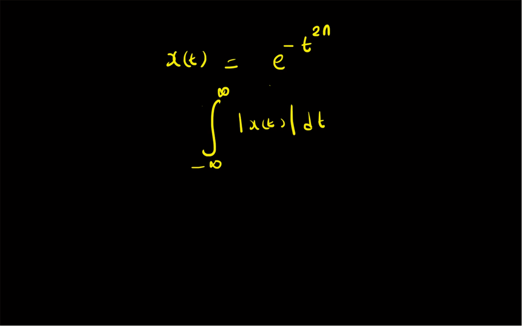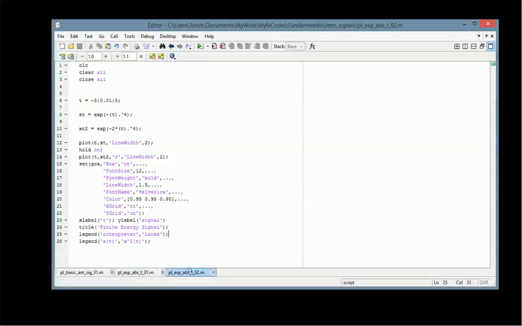So in this case, the easiest solution is to just plot this function x of t and look at the graph, and we can intuitively judge from the graph whether the signal is of finite area or not. For example, when n is equal to 2, we have e power minus t power 4, and you can clearly see that it is a signal of finite energy.